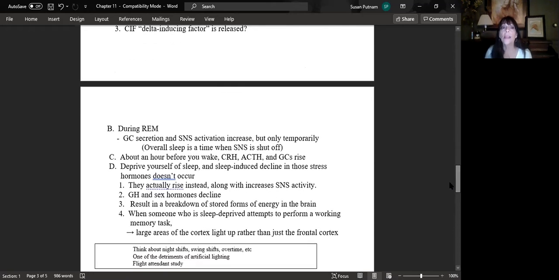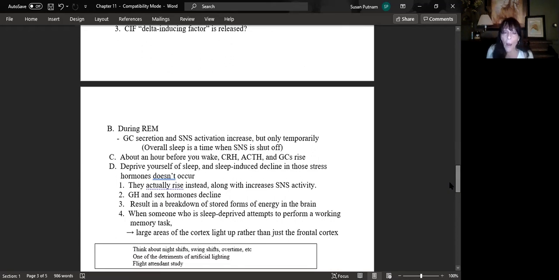So what's happening during REM sleep? Well, glucocorticoid secretion and sympathetic nervous system activation increase, but only temporarily, in short bursts. Overall, sleep is supposed to be a time when the sympathetic nervous system is kind of shut off.